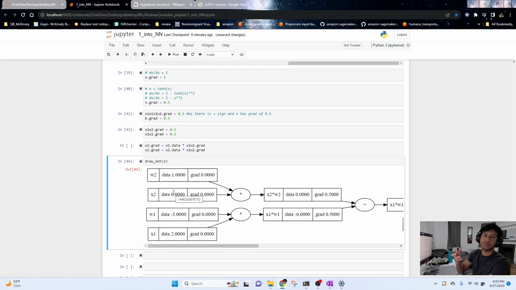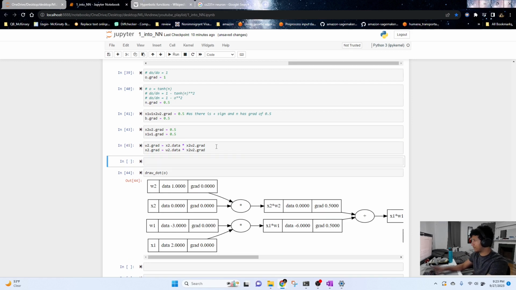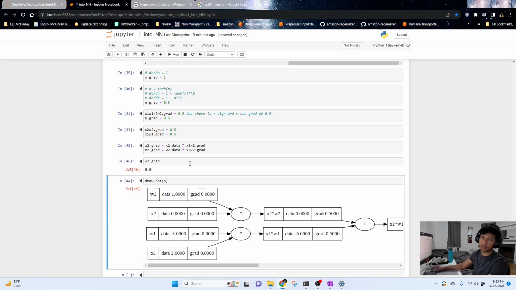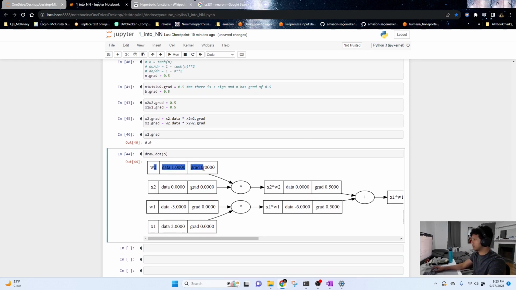That means the input has value 0, and hence when you multiply the input with the weight, your output is also going to be 0. Because of this, the gradient that you calculate for W2, that is the weight, is going to be 0.